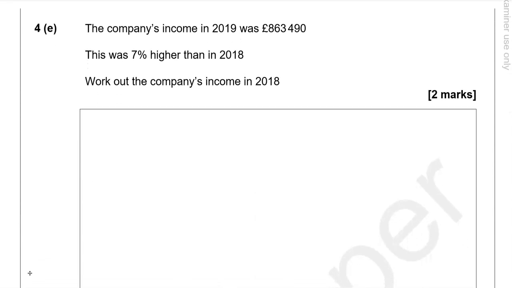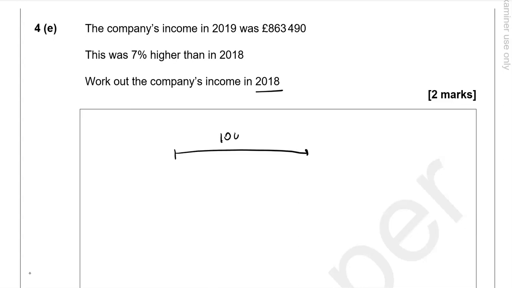The company's income in 2019 was £863,490. This was 7% higher than in 2018. Work out the company's income in 2018. So 2018 is the original.